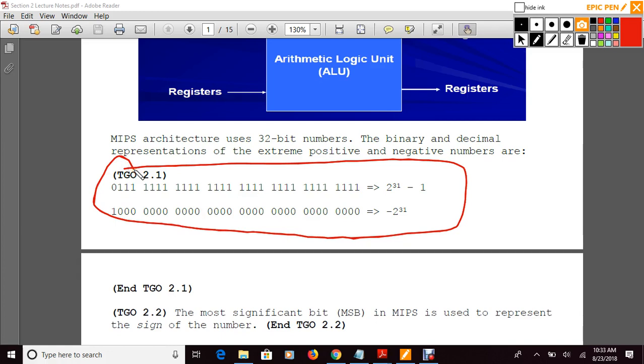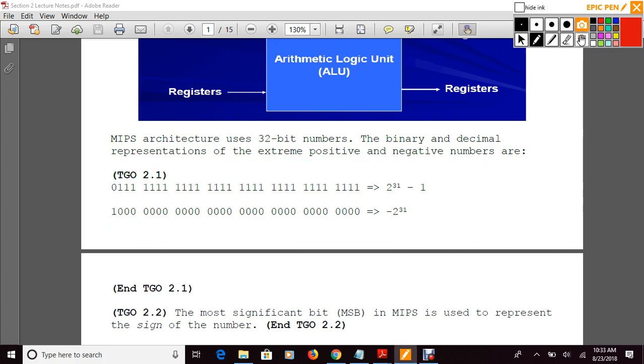The range that you can represent in a 32-bit value where you also have the sign bit, right? The 0 and 1 here: 0 is positive, 1 is negative. What we're doing here is talking about the maximum values that can be represented, positive and negative, without working with floating point.